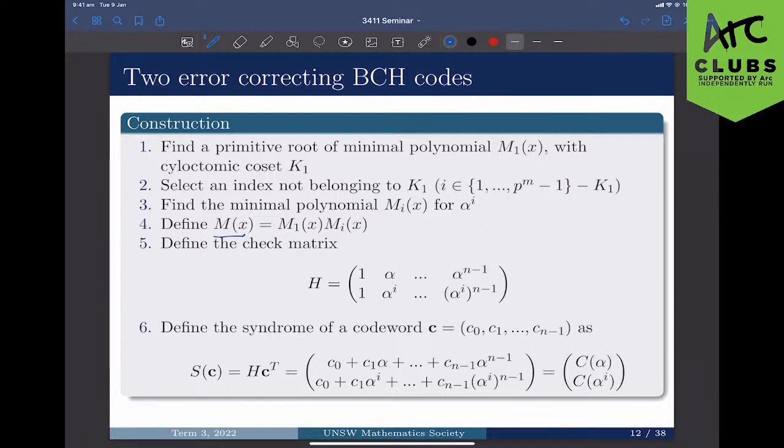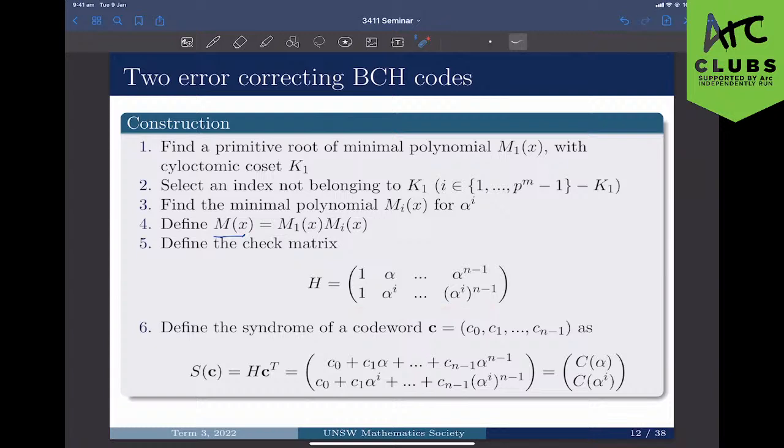So right now I'm more interested in this new check matrix. We can see that there are two rows in this check matrix H. This is like the single error case where we have powers of alpha, because that was the root in the single error case. But now alpha to the power of i is also another root. So we have powers of alpha to the power of i.